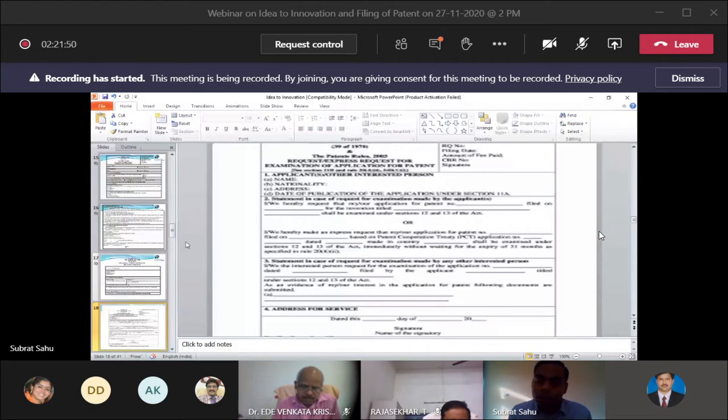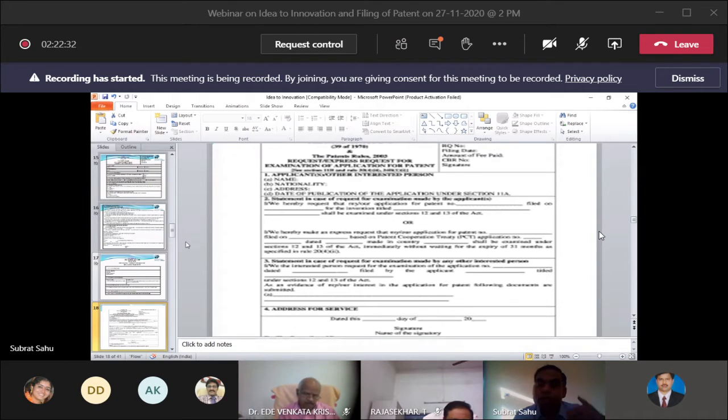So by keeping those things in mind, our Indian government formulated the rule of expedited examination. Expedited examination means if any person, either a natural person, or a startup, or a girl or lady, or any government institution or organization, wants to file a patent, ordinarily we file only form 18.